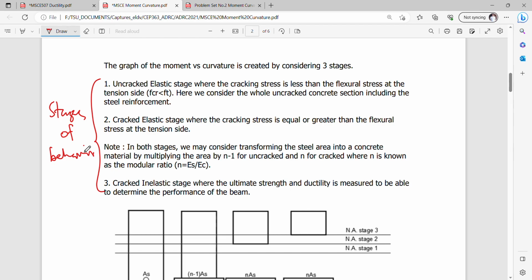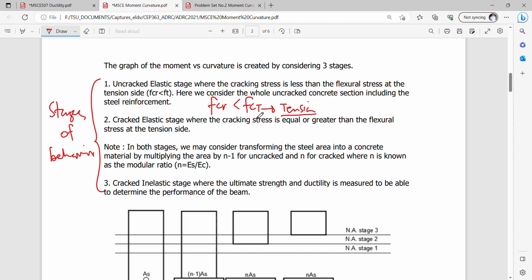For the uncracked elastic stage, where the cracking stress is less than the flexural stress, take note that your cracking stress is not yet reached by your flexural stress at the tension side. So T here has something to do with the tension side, normally at the bottom of the beam for simply supported beams.